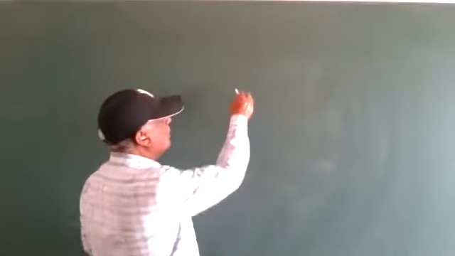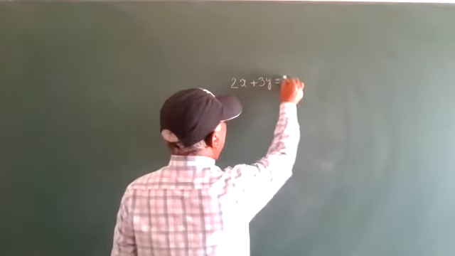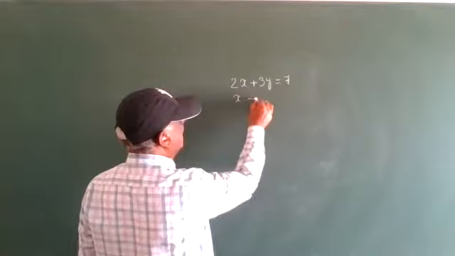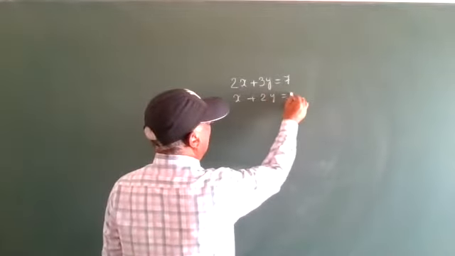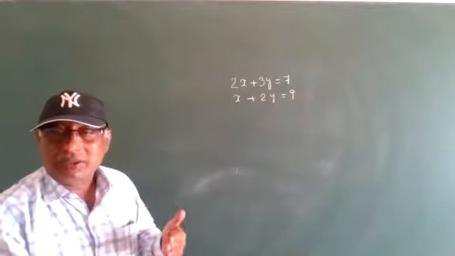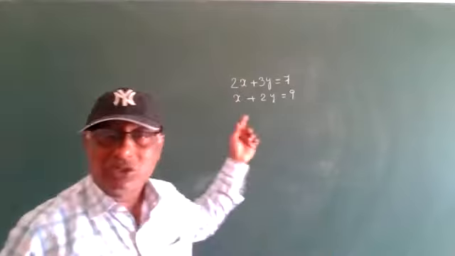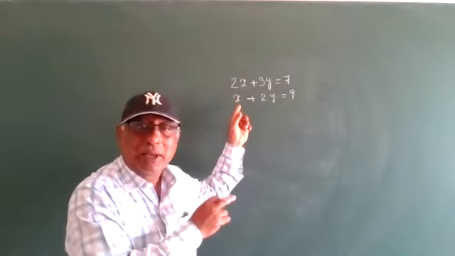Lines mean 2x plus 3y is equal to 7 is given, and x plus 2y is equal to 9 is given. We are equating the coefficients, the x value and y value. This is the lines method.